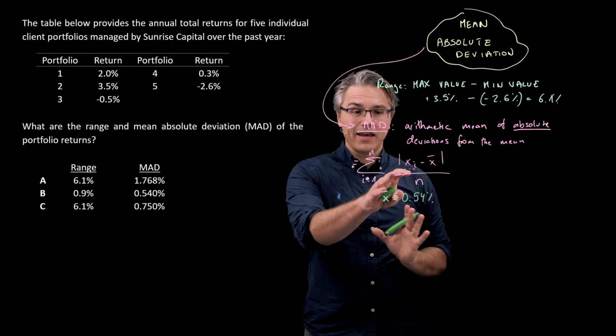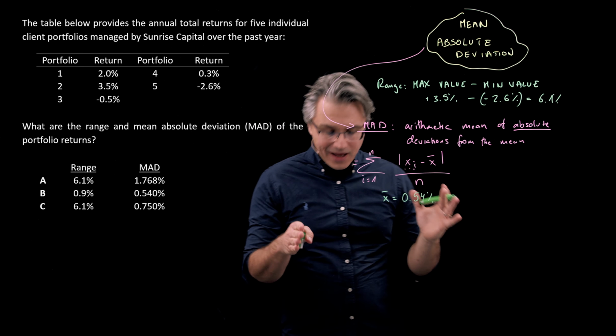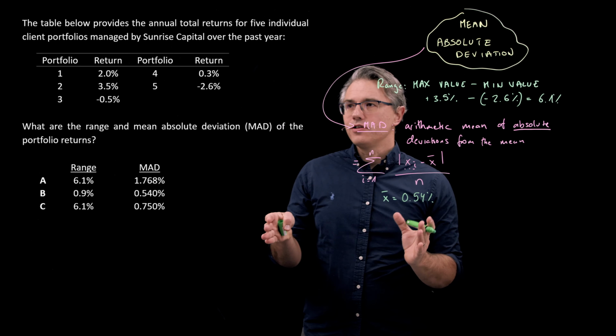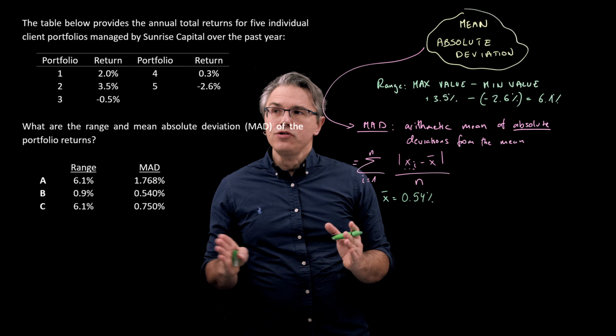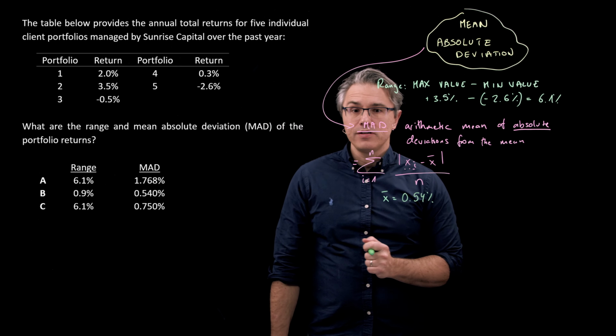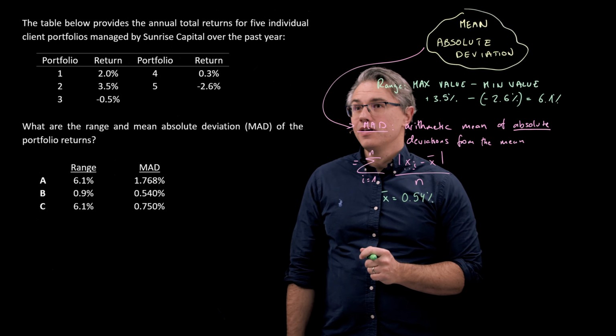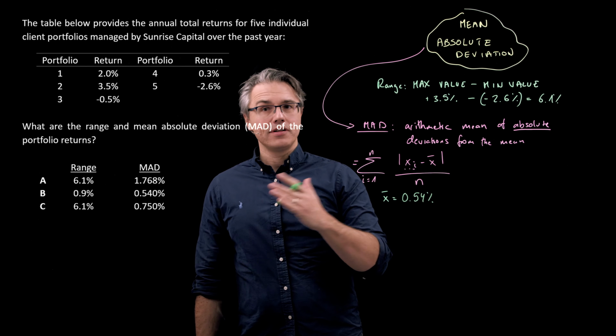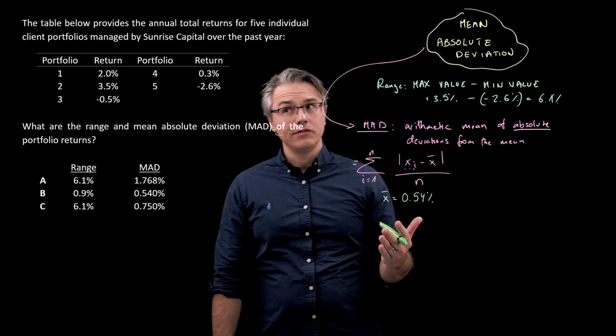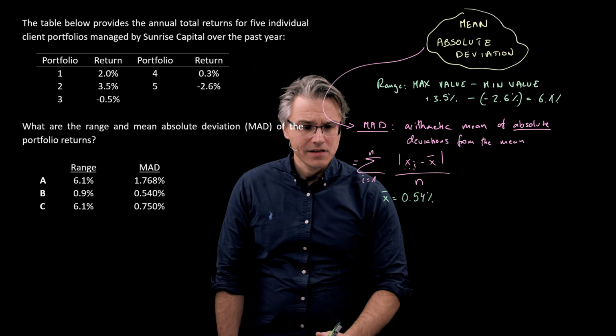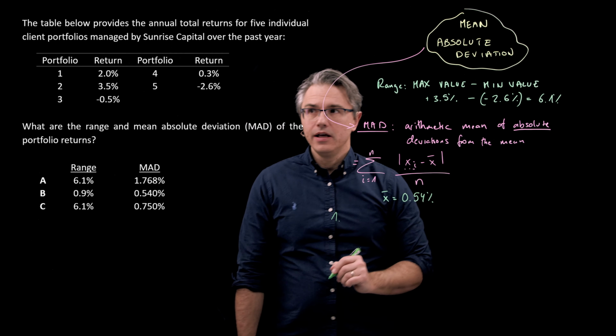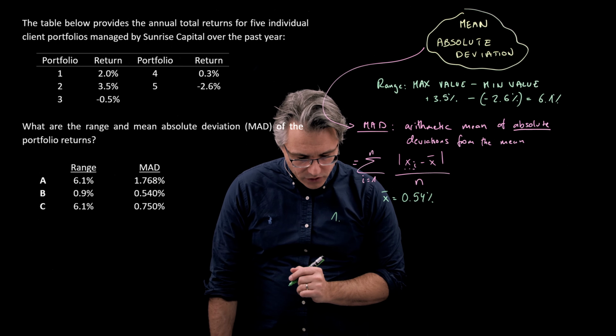Okay, brilliant. Now, let's get those absolute deviations. So I'm going to have to take each of the returns and see how far it is in absolute terms, so ignoring the negative sign potentially, from the mean. Let's start with the first one. The return over there was 2.